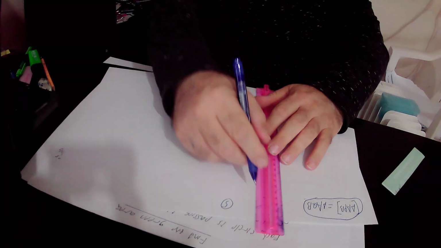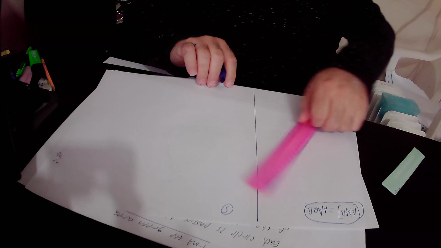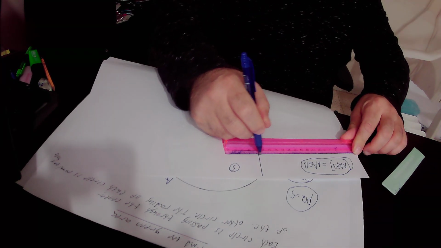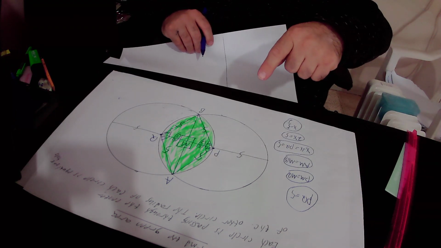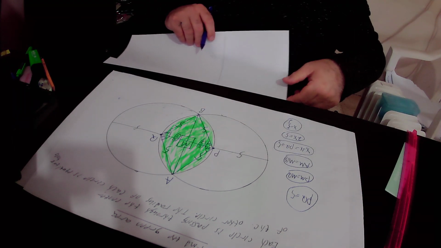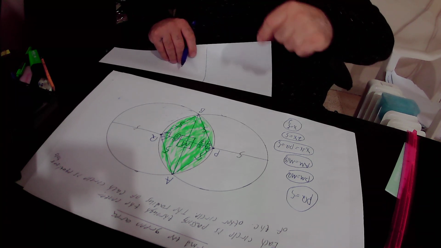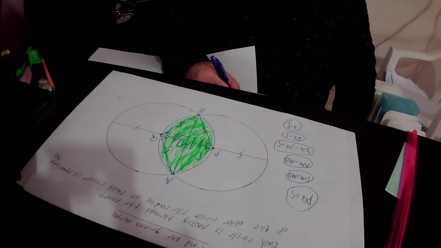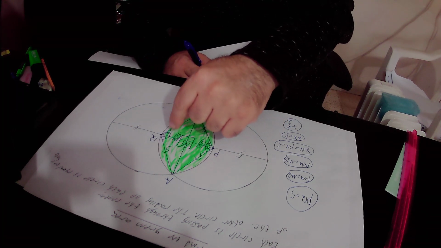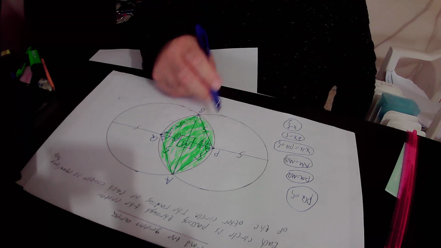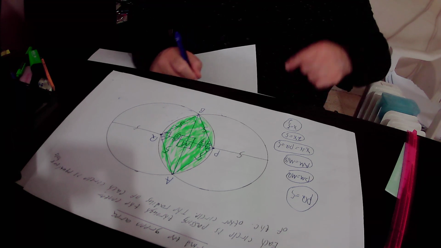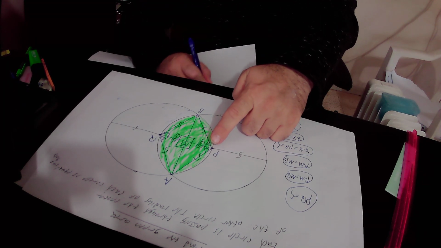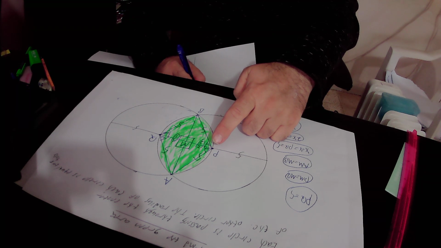And what is the area of sector APB? The area of this sector APB equals pi r square times 60 degrees plus 60 degrees is 120 degrees over 360 degrees.